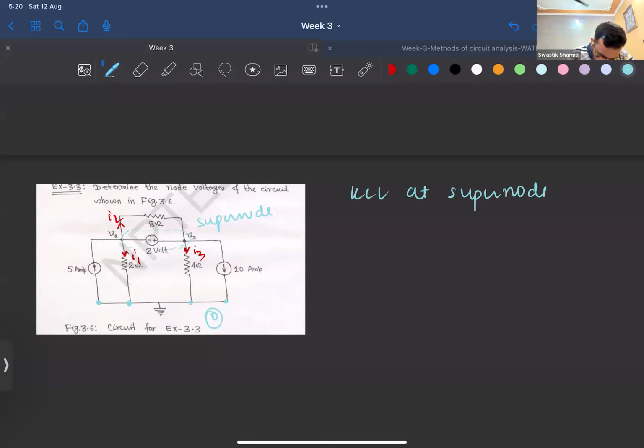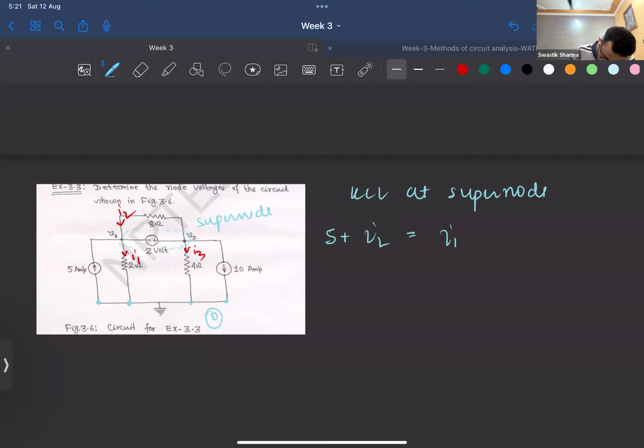Which current is entering? 5. So 5 plus I2 is equal to I1 plus I3 plus 10, right?